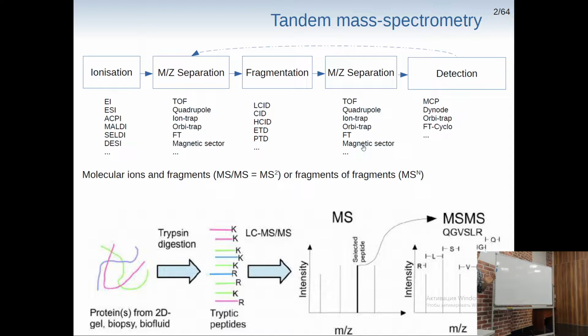Oversimplifying, we can get a number of fragments. We know the mass of each amino acid, and for some really good peptides, we can try to derive the sequence that was on this peptide before we started fragmenting it.